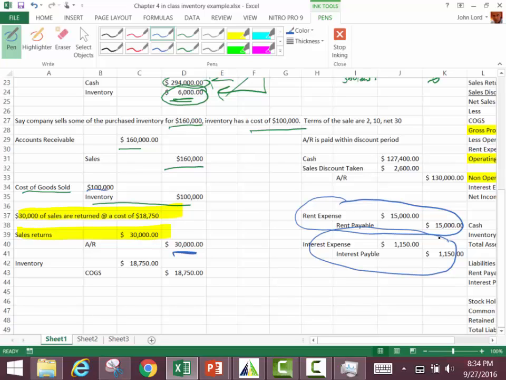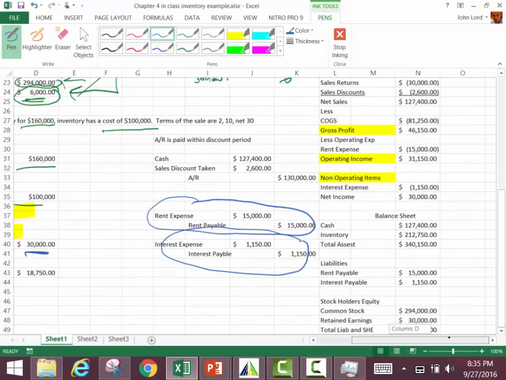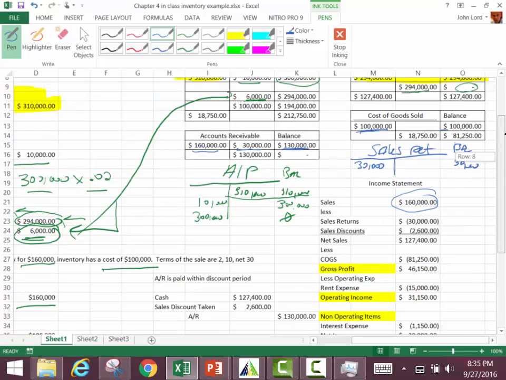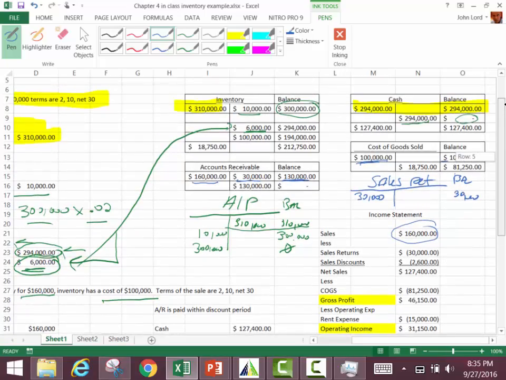Okay, good. So now I'm ready to look at my income statement, and that's really the focus of this discussion here. And what happens? I show my sales for the full 160,000, right? Isn't that what my sales were, 160,000? Did I tee up sales here, I hope, somewhere?